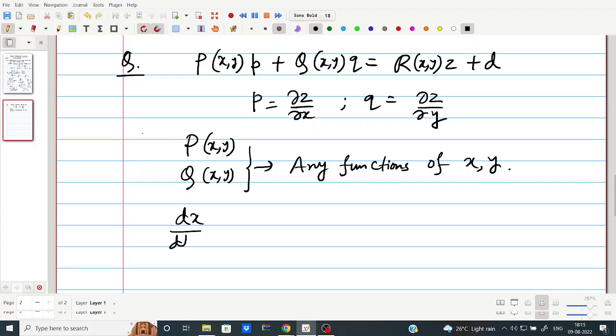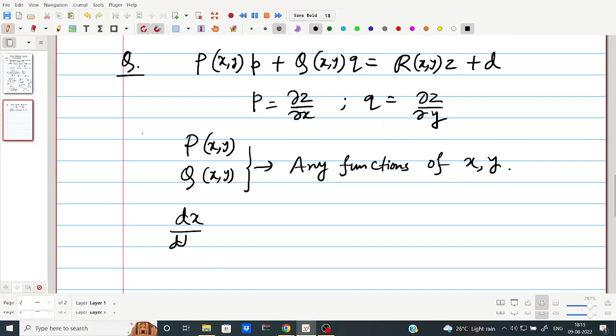Sir, we can get a quadratic equation also, more than one power, that is a nonlinear form. Yes, because P and Q are any functions of x and y. Here I wrote that P and Q are any functions of x and y, so I can get anything nonlinear, x square plus y square, anything.